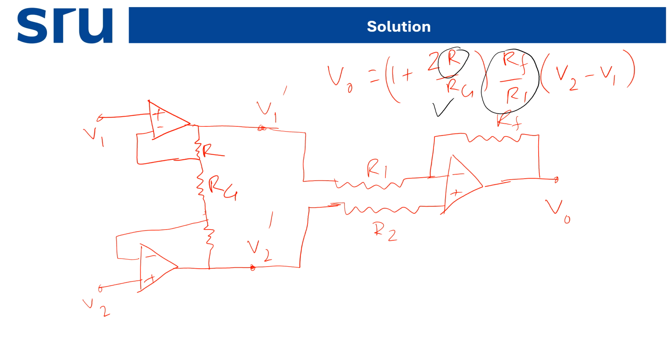Here we can write that Rf divided by R1 is equal to 2, and we can find the gain from the given values. Let's see what the given values are.